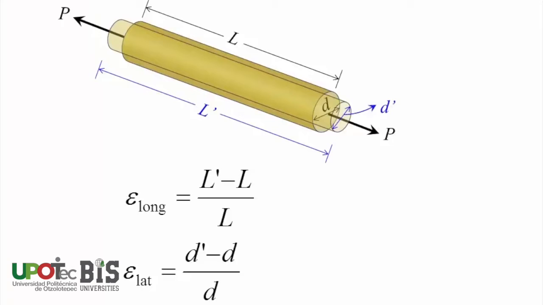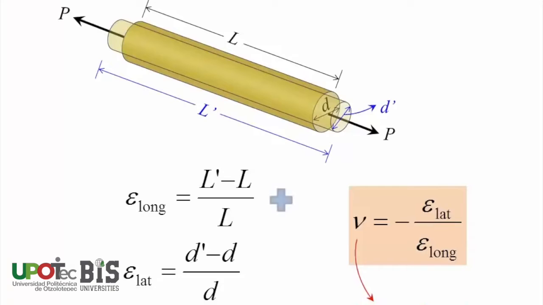And the Poisson's ratio for this material, nu, is defined as negative epsilon lateral over epsilon longitudinal. Since in this case, epsilon longitudinal is positive and epsilon lateral is negative, Poisson's ratio is positive.